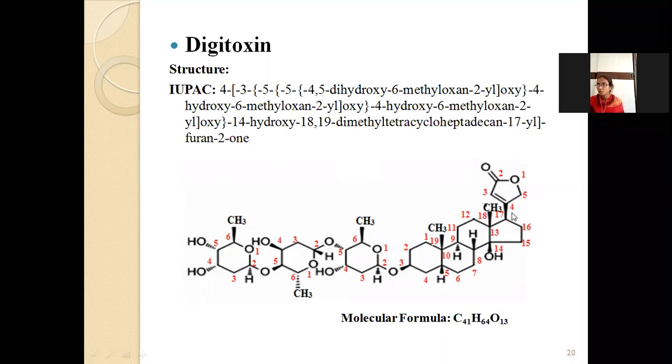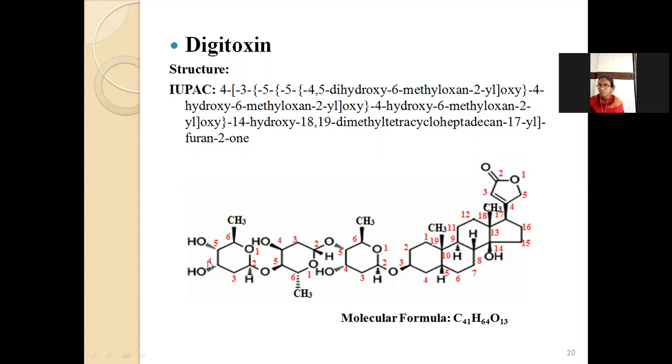Here in the fourth position, the 14-hydroxy and 18,19-dimethyl tetracycloheptadecane is attached. This structure is attached at the 17th position to the furan. Here 4, here 3, and here 5 and 5.